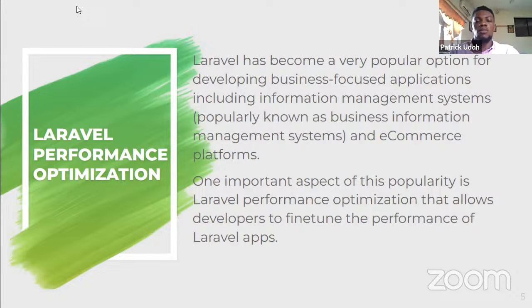But recently, even in 2023, going by 2022 statistics, Laravel has become so popular that most PHP developers are using it to develop enterprise applications. So that's the reason why we are using Laravel as the particular framework to talk about performance optimization. You can go to the next slide.